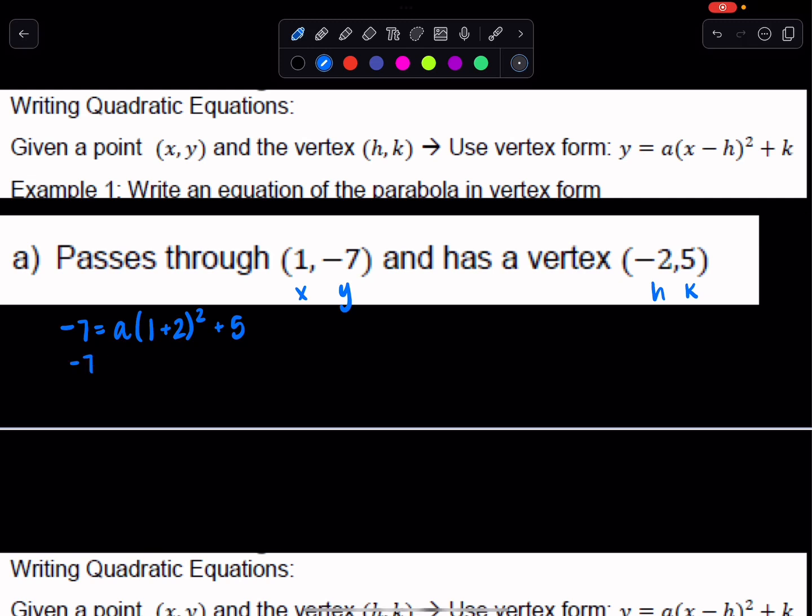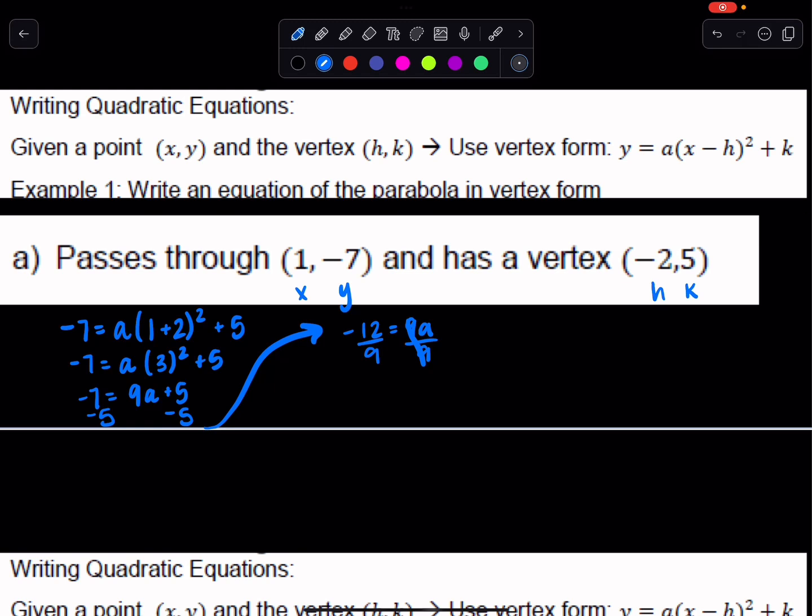So simplify in the parentheses, 1 plus 2 is 3. I can take that exponent, make 3 squared 9, so I have 9a. And now I have a two-step equation that I can solve. So subtract 5. So -7 minus 5 is -12. And then divide by 9.